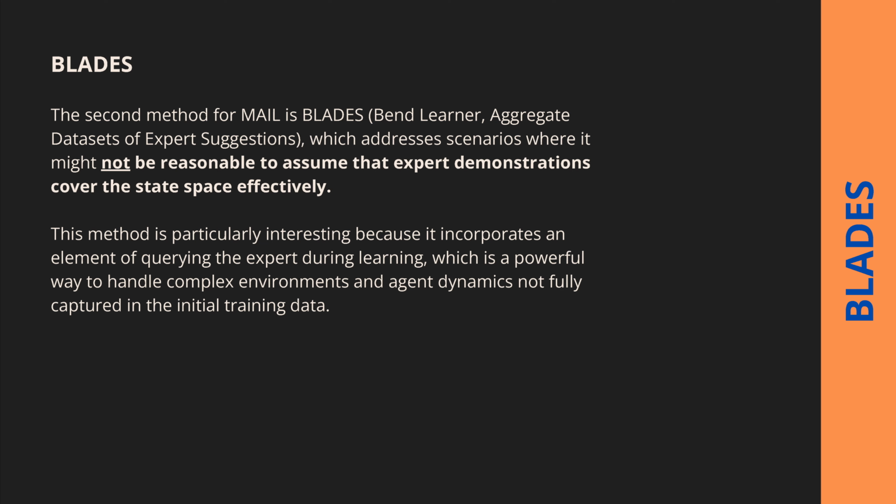Particularly interesting because it incorporates an element of querying an expert, an external expert, during the learning phase, which is a powerful way to handle complex environments and agent dynamics not fully captured in the initial training data. Now this expert can be a human expert if you want, but of course it will be, in most cases, a connected AI expert system.